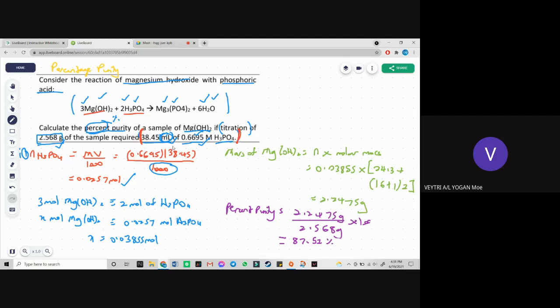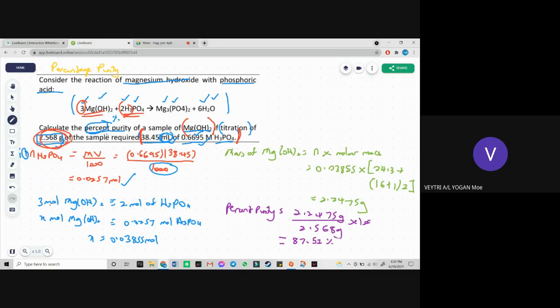Sorry, that is the needed over here. But now, let's have a look with the stoichiometric equation. 3 mole of magnesium hydroxide with 2 mole of phosphoric acid. 3 over here, 2 over here. X mole of magnesium hydroxide. Kenapa? Sekarang you nak cari magnesium hydroxide. Because we are talking over here magnesium hydroxide. Sample dia this much. Okay?